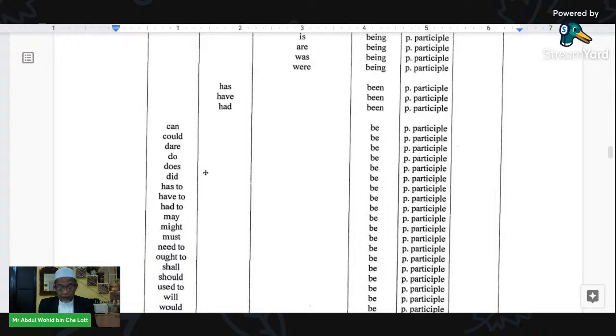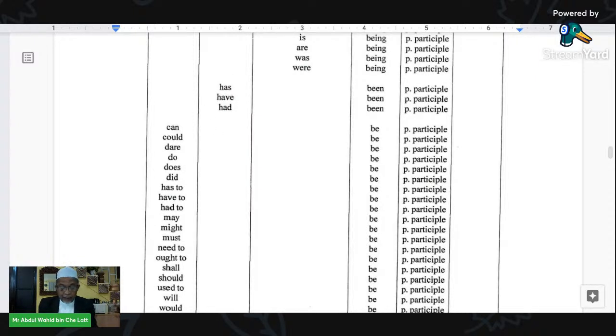Mungkin is a modal, so write number 5 on top of mungkin. Sedang shows the concept of continuity. Meraihkan is lexical, 1. So we have mungkin 5, sedang 3, raihkan 1. So the system is 5, 3, 1.